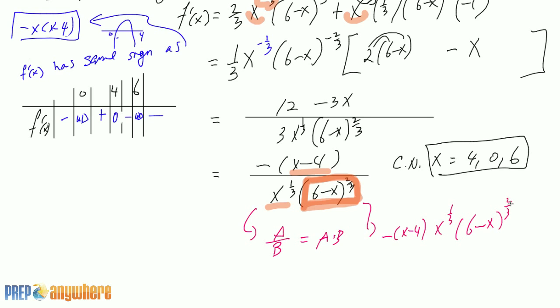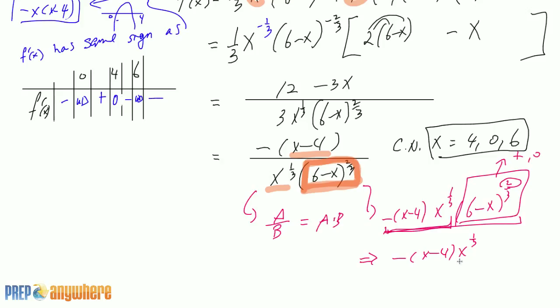Now, because this one is squared, this thing is always positive or 0. So the sign of the whole thing being positive or negative will purely be determined by this part. So again, just the sign is equivalent to this one.